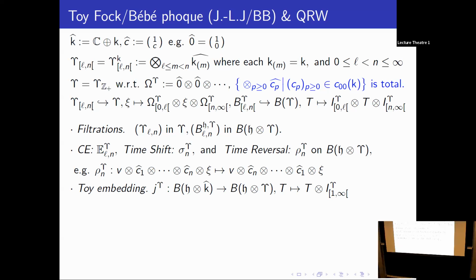Now, much simpler than in the continuous time setting, we can embed B of H tensor K hat into B of H tensor the toy Fock space, infinite tensor copies of K hat, by simply taking T and mapping it to T tensor the identity after time 1. So it's just in the zeroth place.